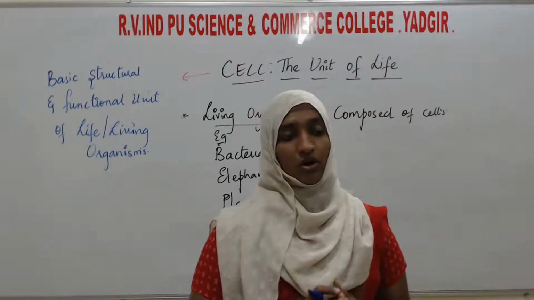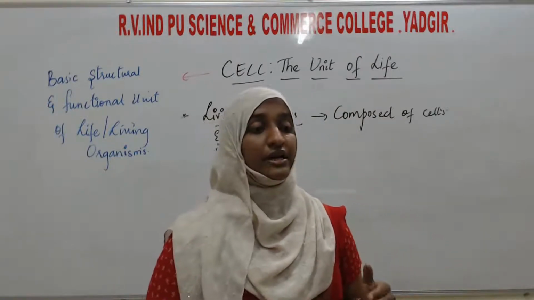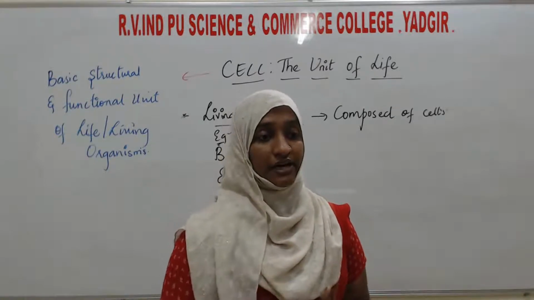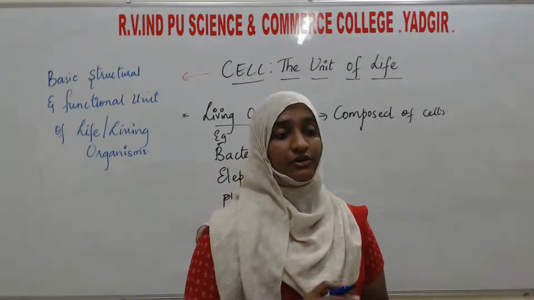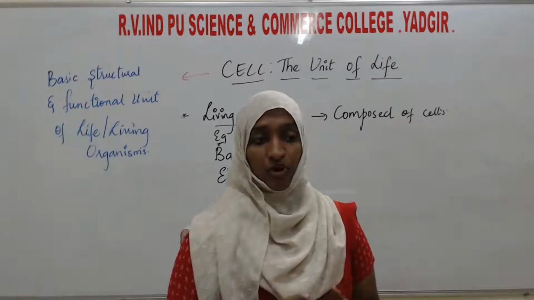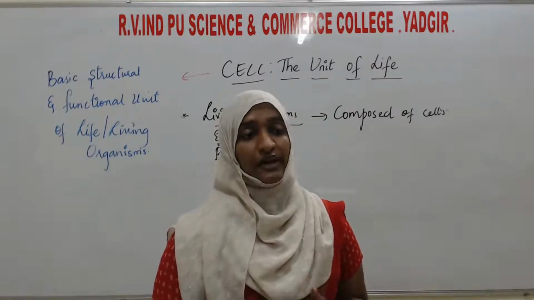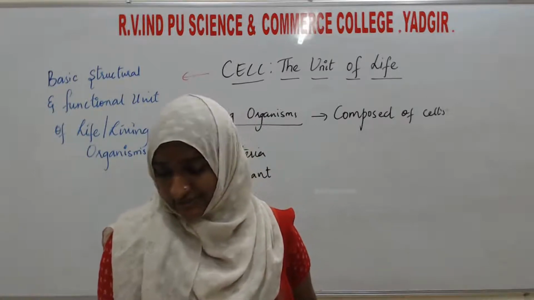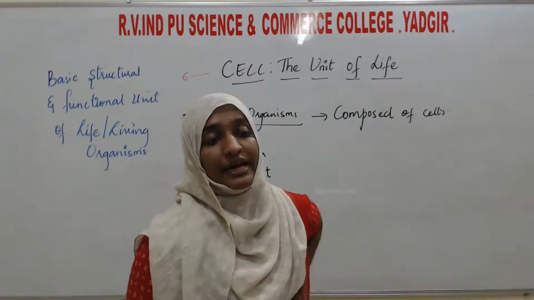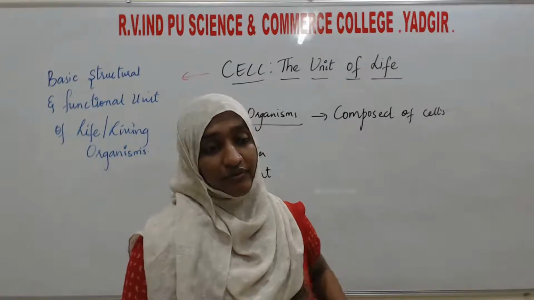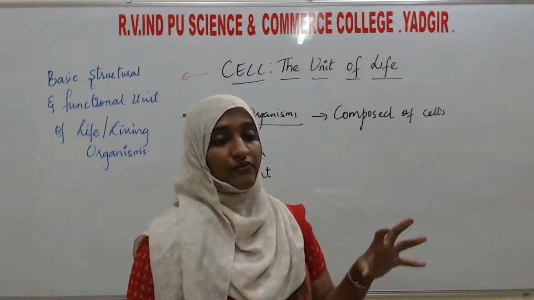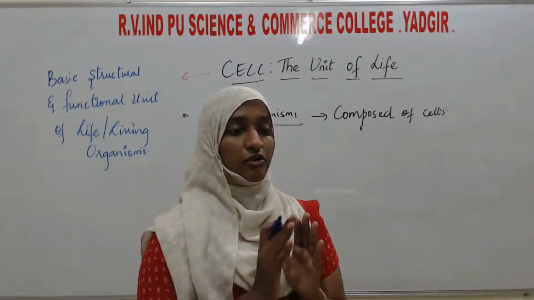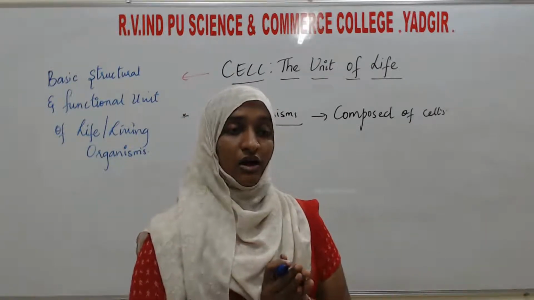Life. See, all organisms are capable of independent existence. Each cell will divide to form a mature body. That's why we say all cells have an independent existence, and they can perform the essential functions of life. A group of cells we call tissues. A group of tissues we call organs.